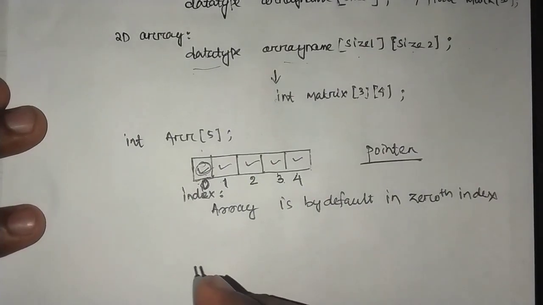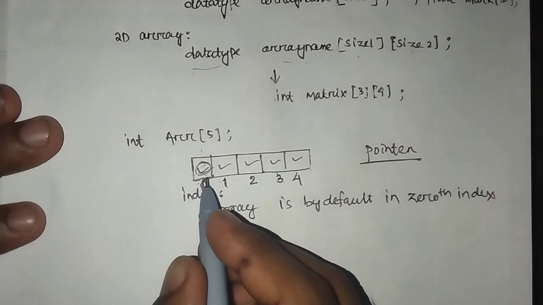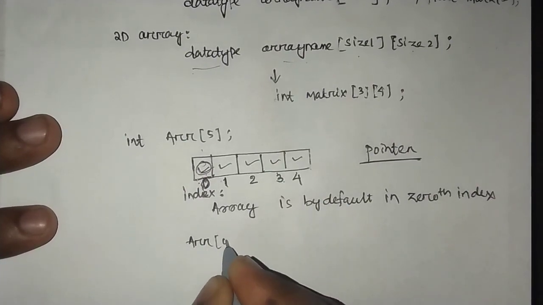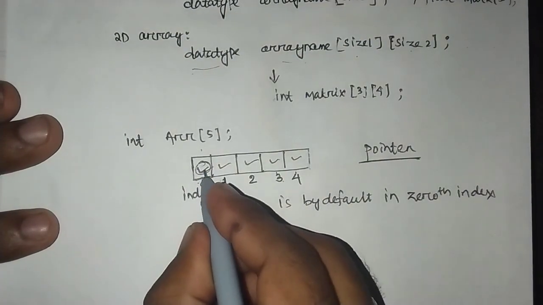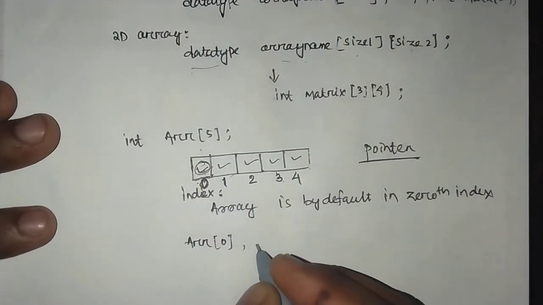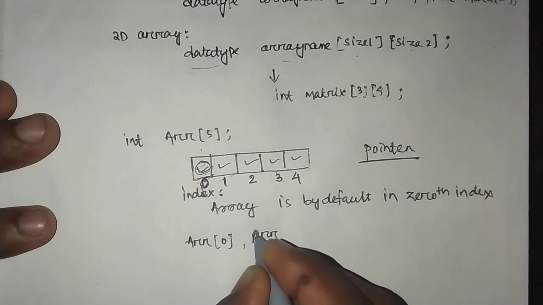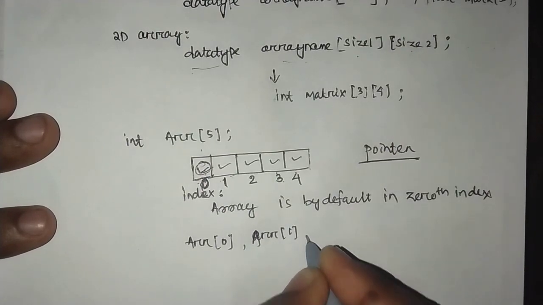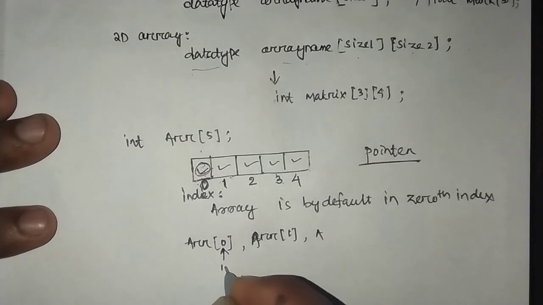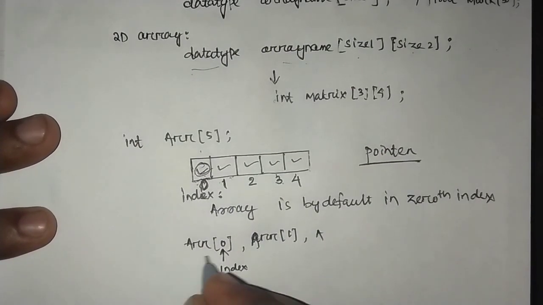To access the first element we have to write ARR of 0. This will give the first element. After that, ARR of 1. In this square bracket you have to write the index.